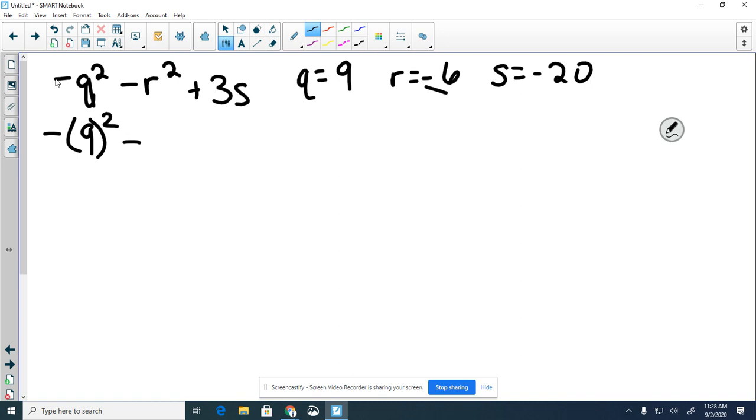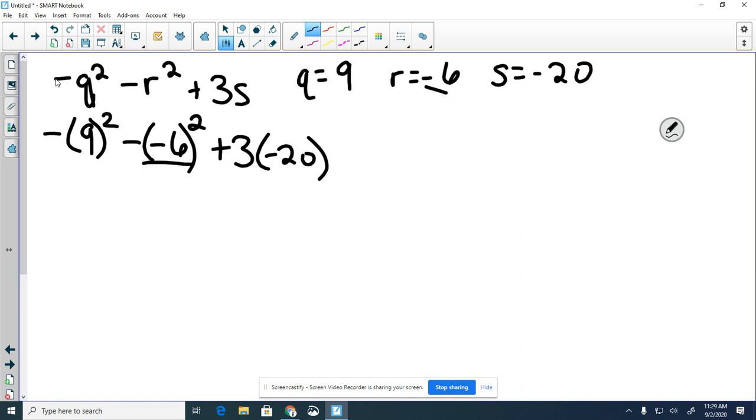Okay, it's already negative. So I have to make sure I use parentheses when I substitute it in. It is squared, right? Yeah. Okay. Biggest mistake with this, especially with evaluating, is you have to use parentheses when you sub the number in. Okay? Especially right here when we're dealing with the negative.